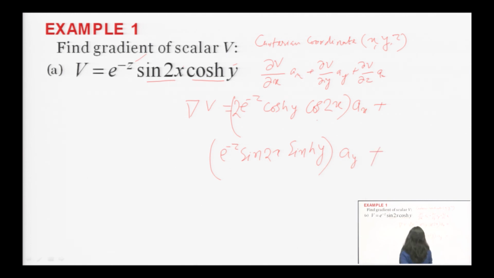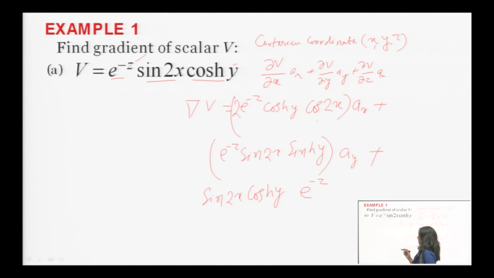Plus, now in the third term we need to differentiate scalar V with respect to z. All the quantities except this will act as constants. Here we have sin 2x and cosh y, so we will write sin 2x and cosh y as they are because they act as constants, and the differentiation of e to the power minus z will be e to the power minus z only.